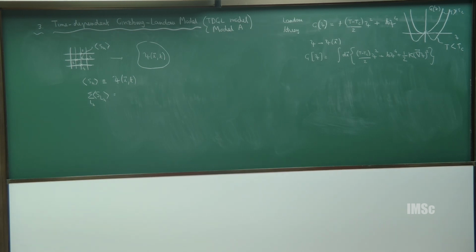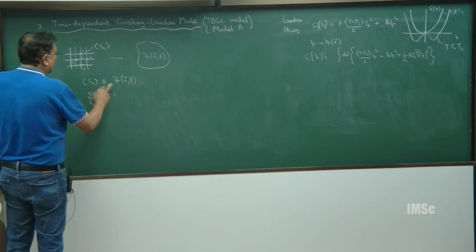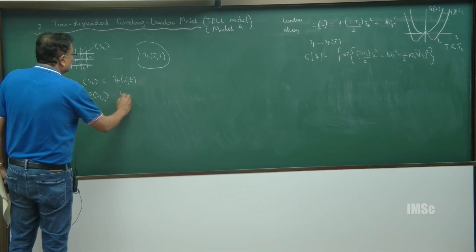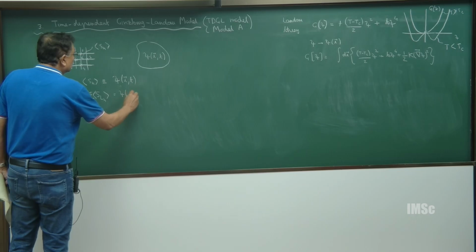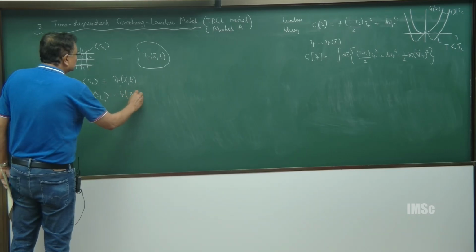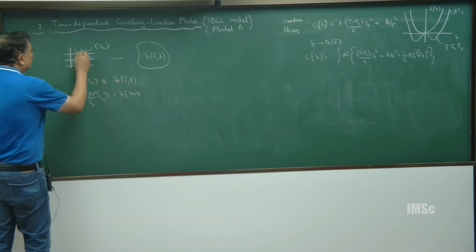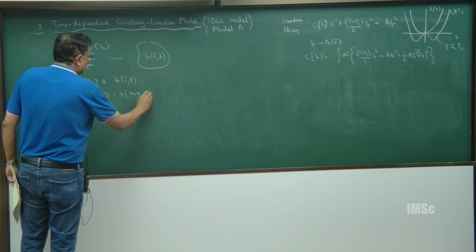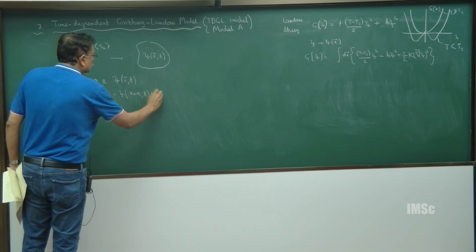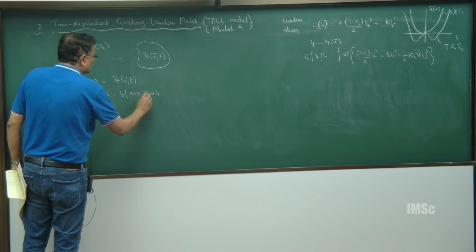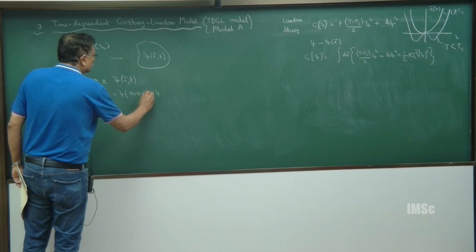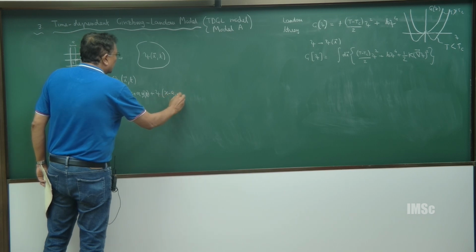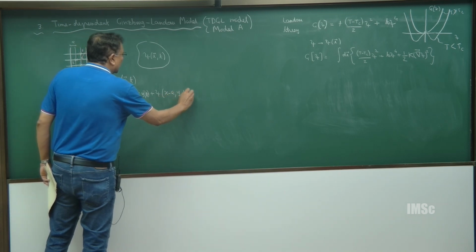The sum over the nearest neighbors is psi(x plus a, y, t), where a is the lattice spacing, plus psi(x minus a, y, t).